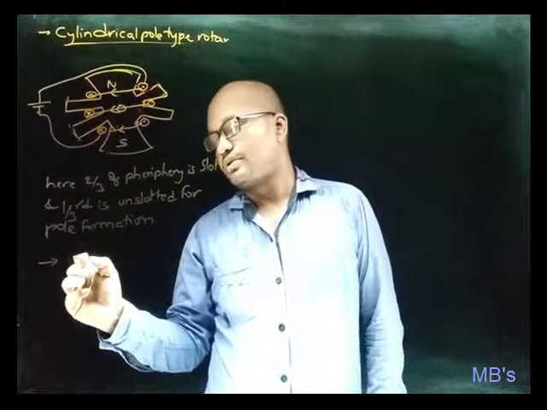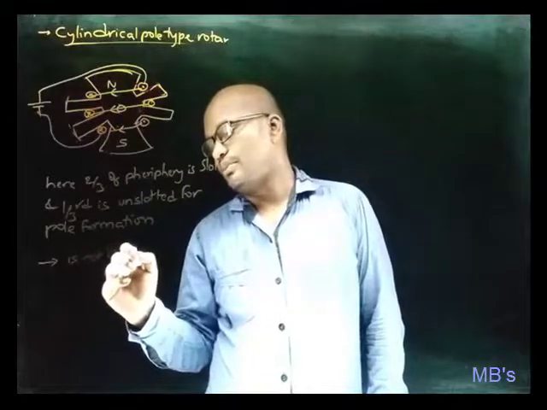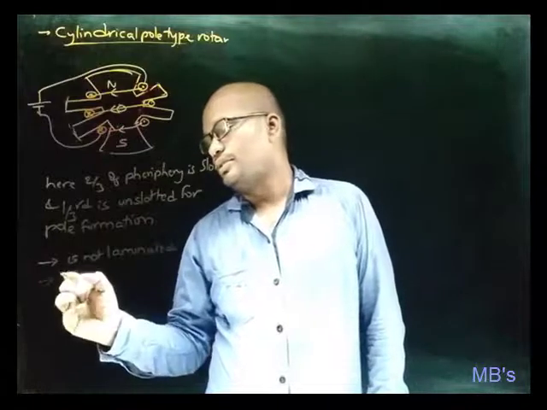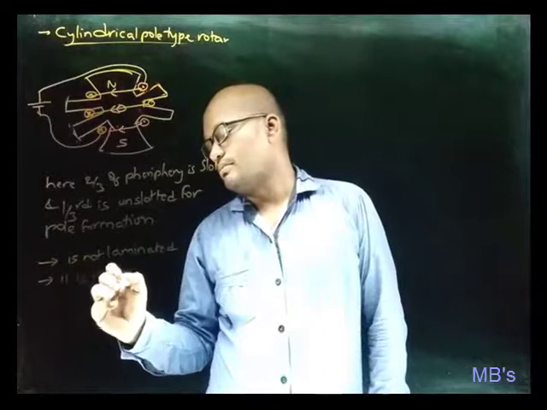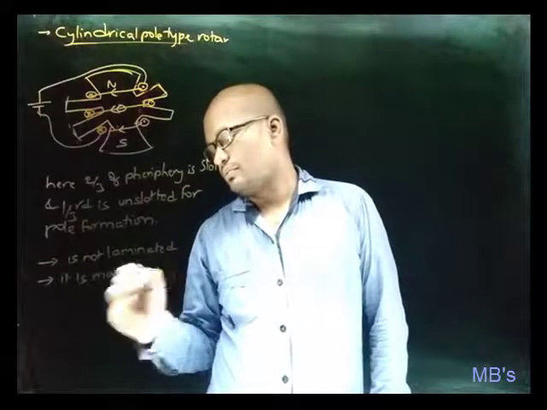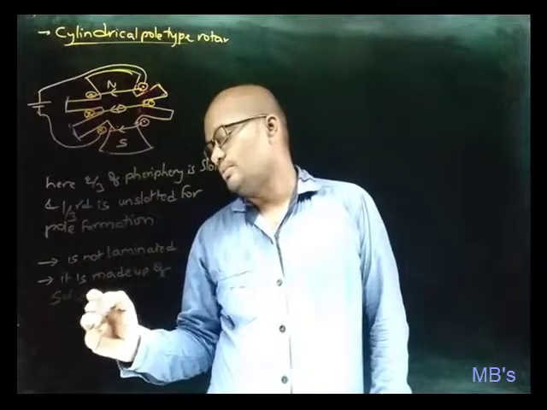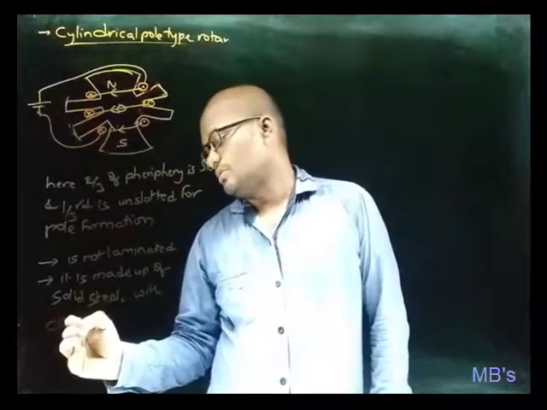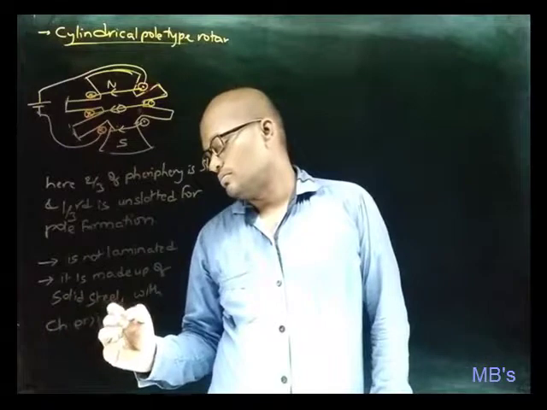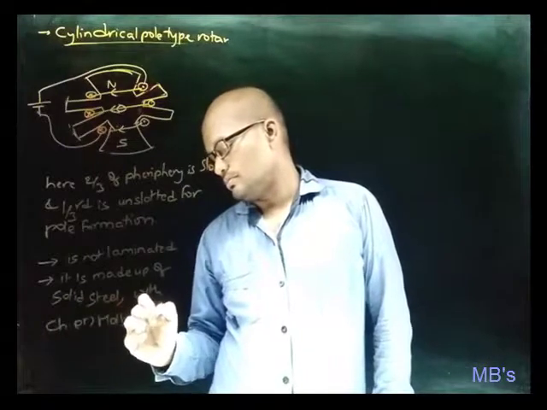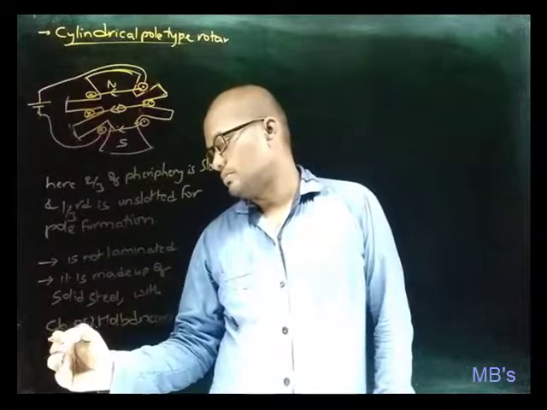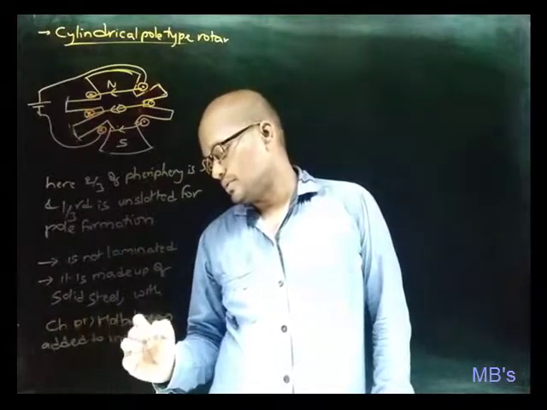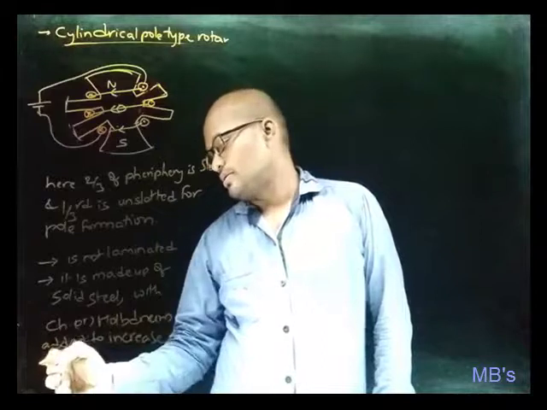The other point to be noted here is the cylindrical rotor is not laminated, and here it is made up of solid steel with chromium or molybdenum added to increase the mechanical strength.